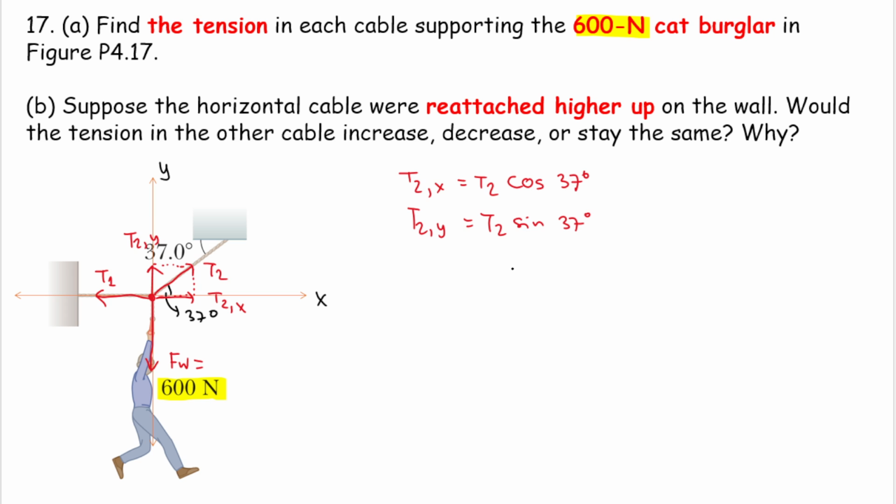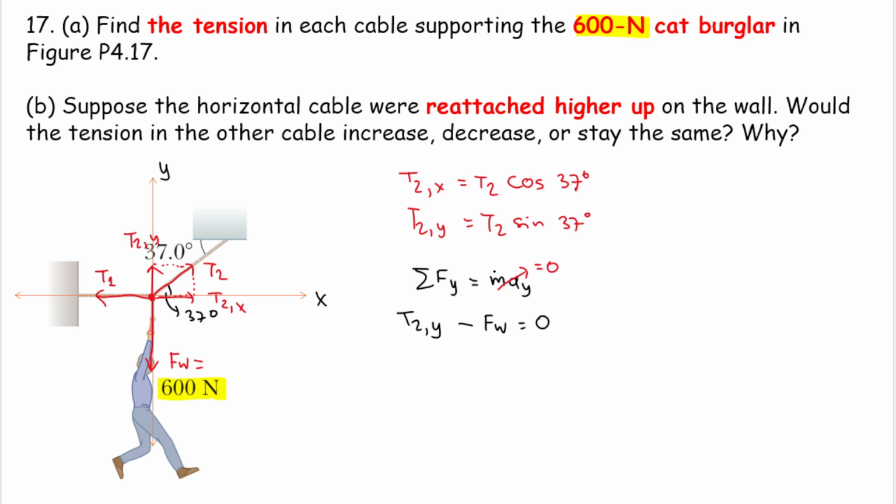Good. Now let's do the analysis in the vertical direction. We will have the sum of forces in the vertical direction equal to the mass times acceleration in the vertical direction. Because there is no acceleration in the vertical direction, the right hand side will equal 0. On the positive side, I will have T2,y, subtracted by the one in the negative direction, Fw, and that will equal 0.